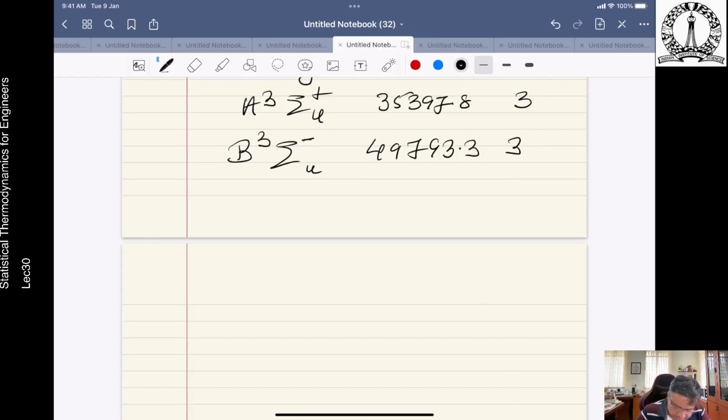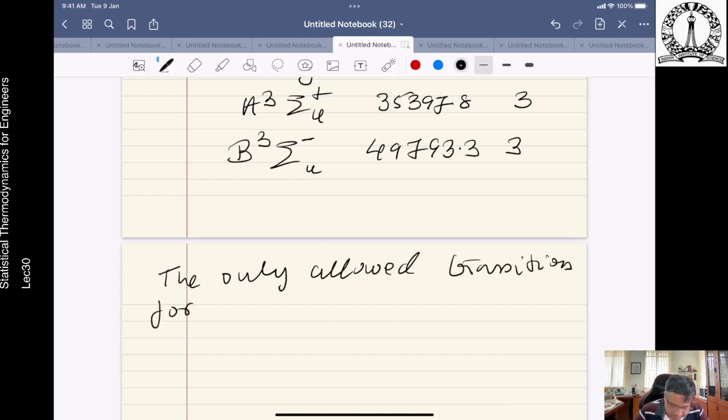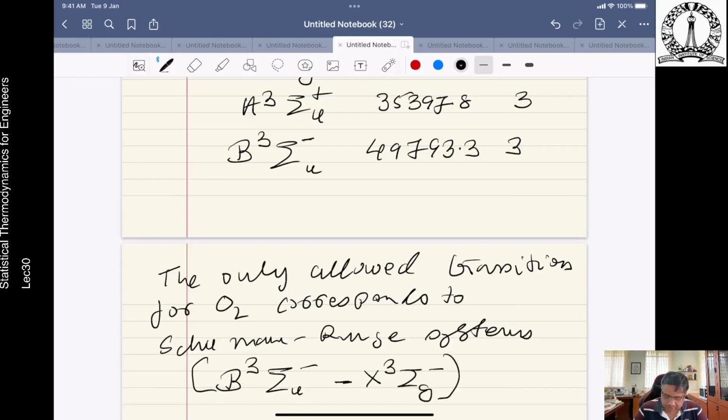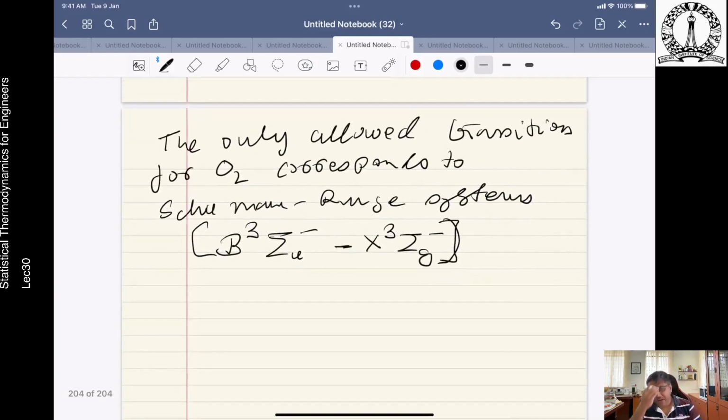The only allowed transitions for oxygen correspond to the Schumann-Runge system, which would mean B 3Σu⁻ to X 3Σg⁻.